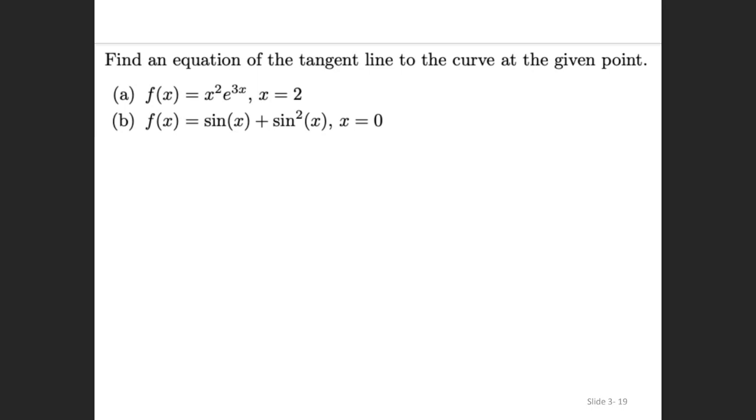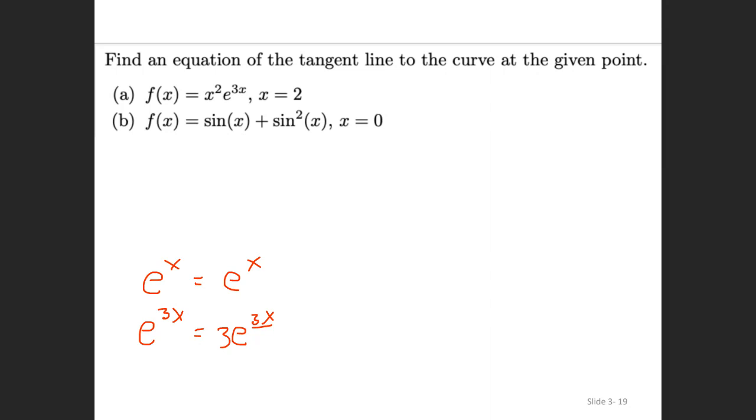All right, what is the derivative of e to the x? That is e to the x. What is the derivative of e to the 3x? Well, when you take a derivative of something that's not just x, it's going to be the same thing times the derivative of whatever's in the exponent. So that's going to be 3. So the derivative of e to the 3x is 3e to the 3x.